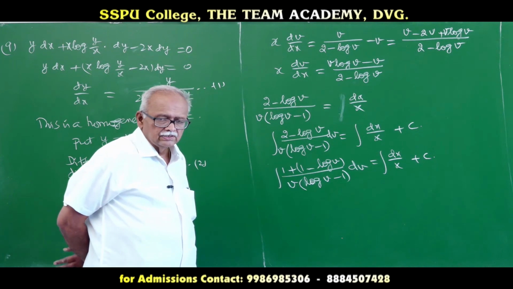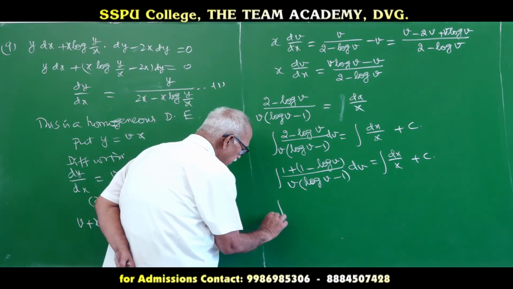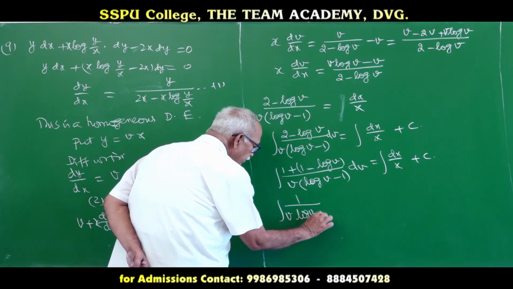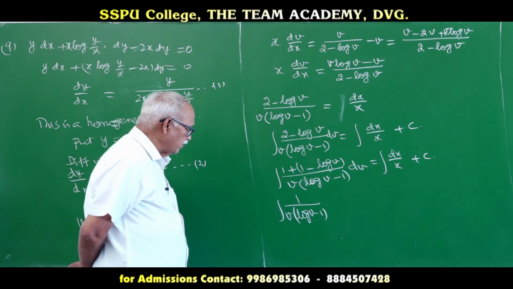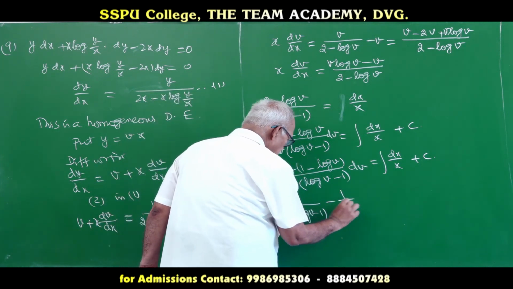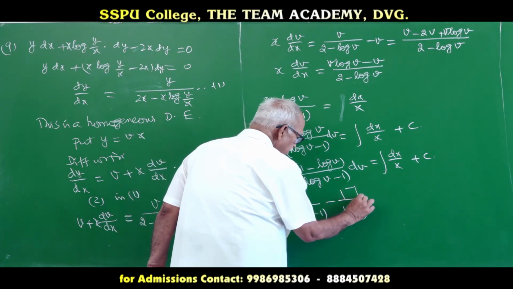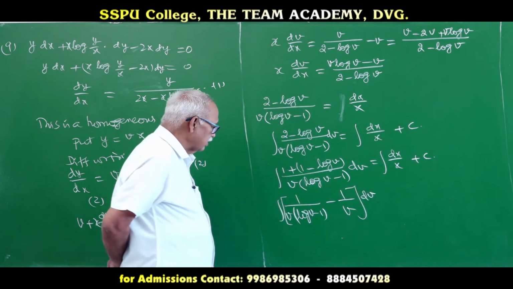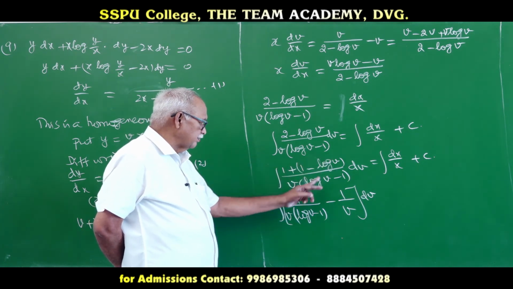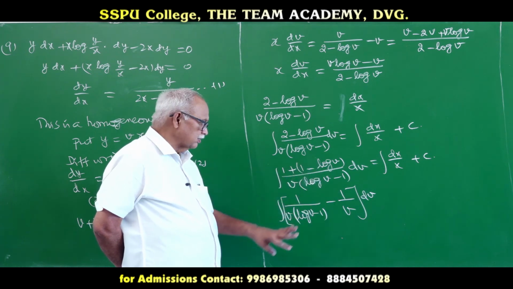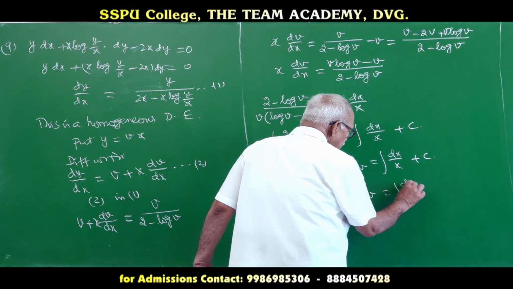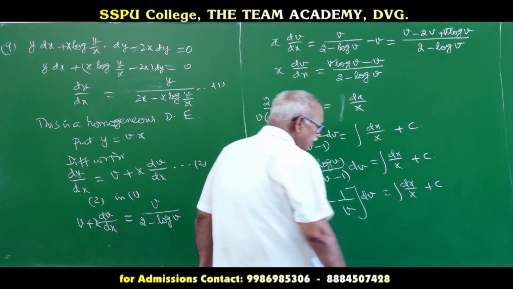How to integrate this? See, this is 1 by v into log v minus 1. Here this cancels and we get 1 by v. You are able to understand: this is 1 by v log v minus 1, plus 1 minus log v over log v minus 1; if you take it as minus, you will get minus 1 by v, is equal to dx by x plus c.